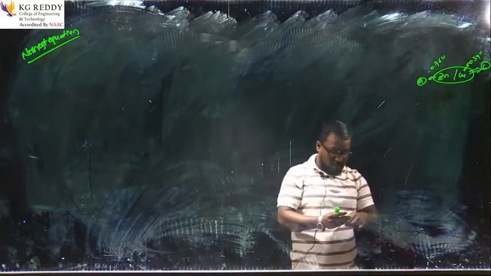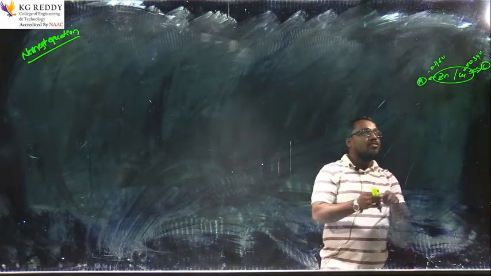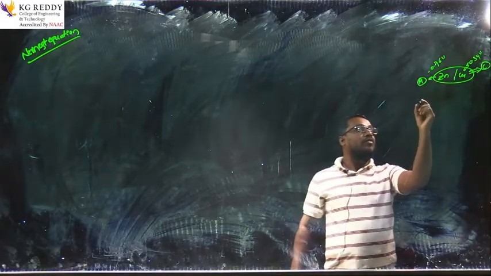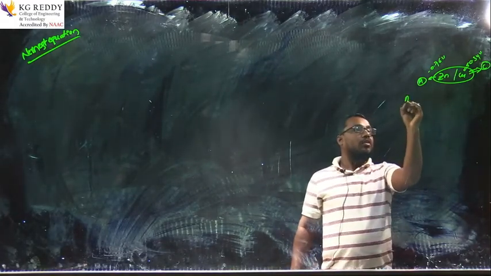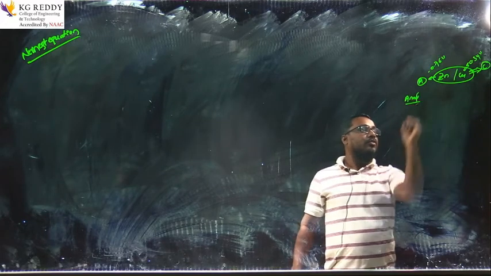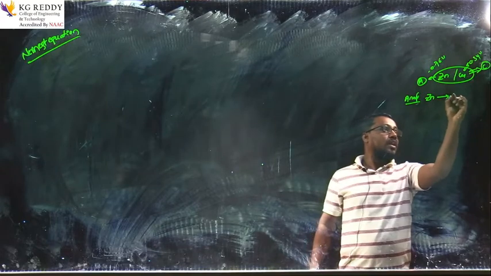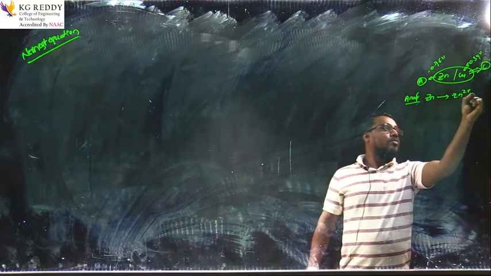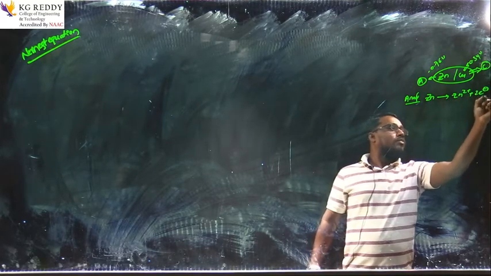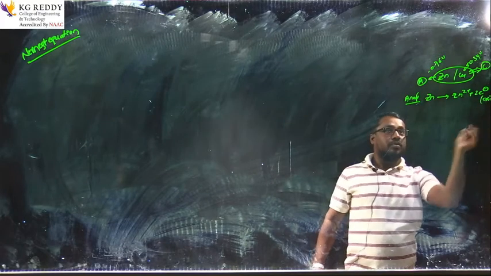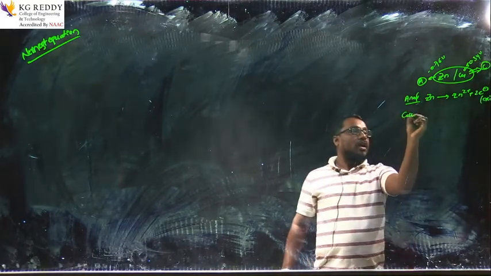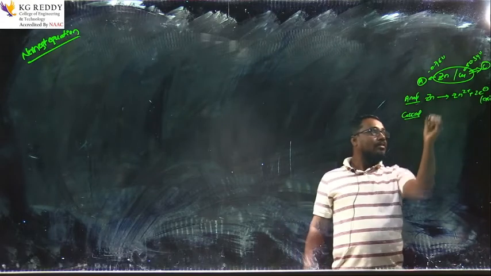Now we are going to write the chemical reactions. In the case of zinc, we take the anodic reaction. The anode loses electrons: Zn gives Zn2+ plus 2 electrons. This process is called oxidation. Next is the cathode, where copper acts as the cathode.